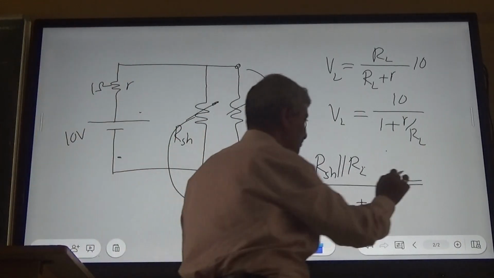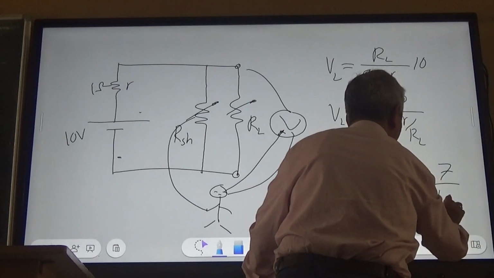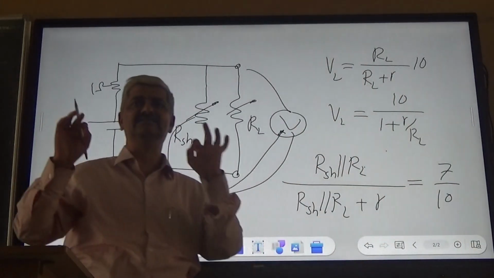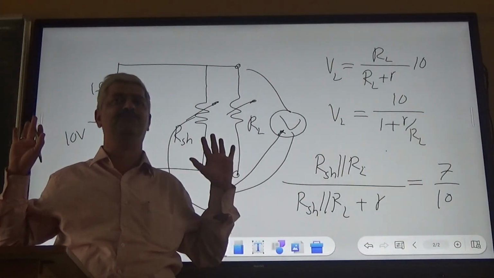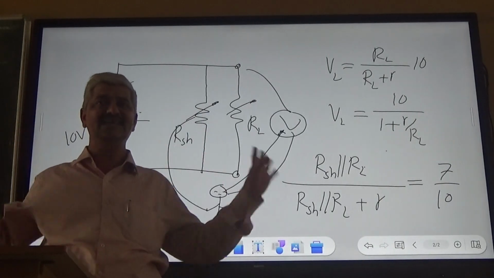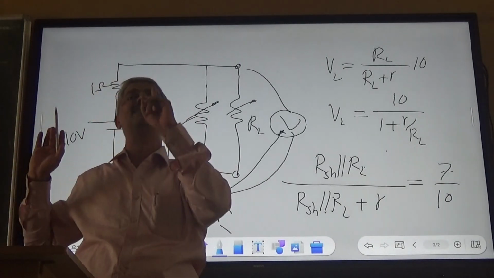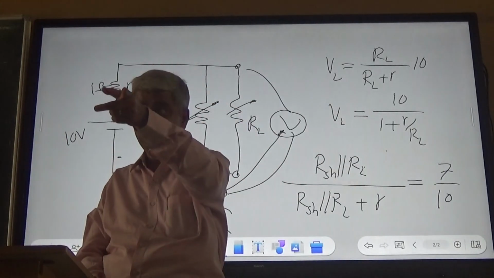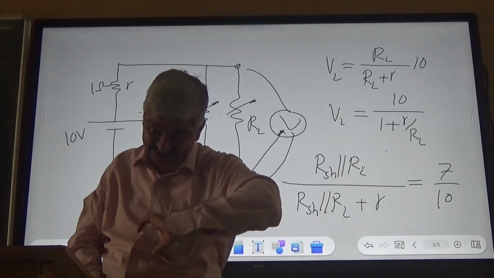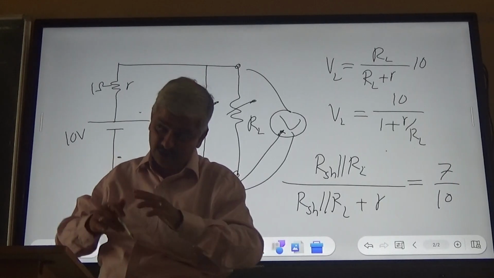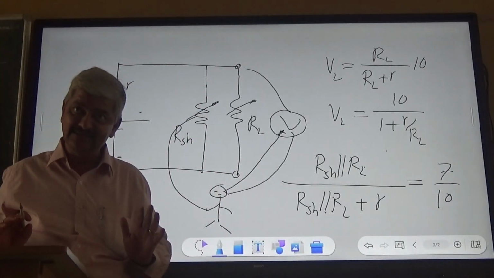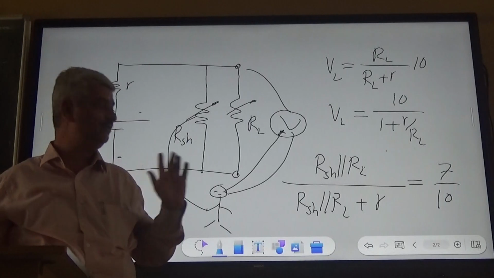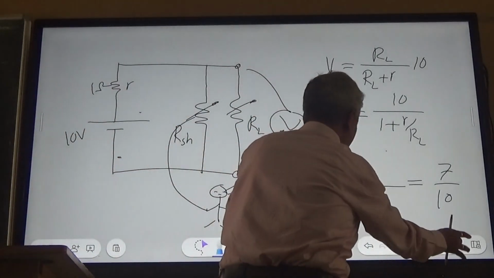Right? Is it clear? So the simple operation of shunt regulators is to adjust the resistance in parallel with load so as to achieve this formula, and it is in a cause-effect relationship. The load somebody else will vary, RL. Immediately RSH should vary.